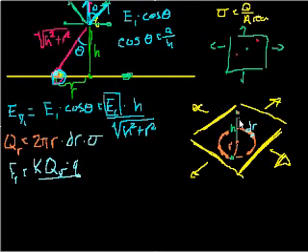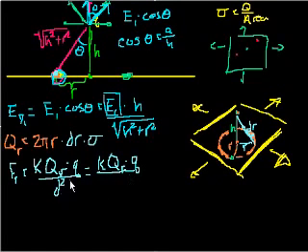So the distance at any point, this distance right here, is once again by the Pythagorean theorem, because this is also r, the square root of h squared plus r squared. So the force equals k times the charge in the ring times our test charge divided by distance squared.